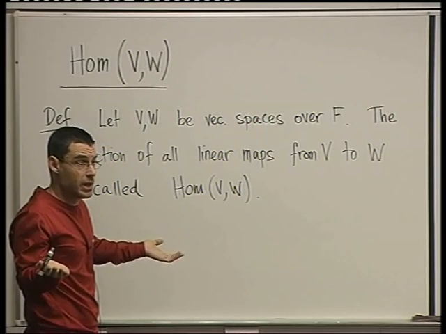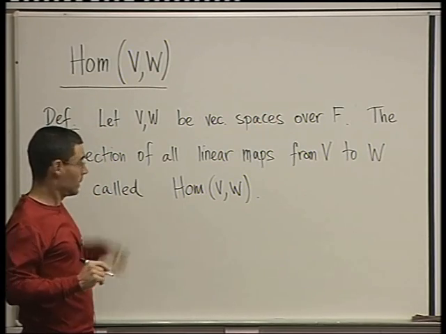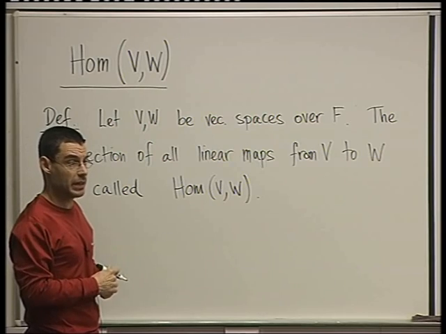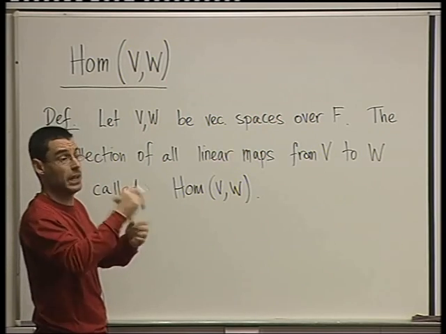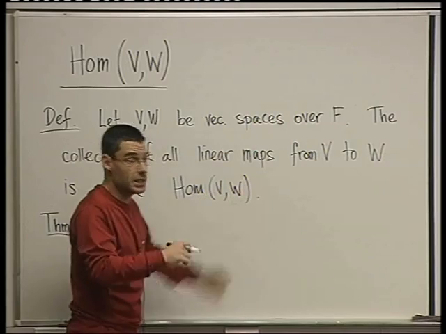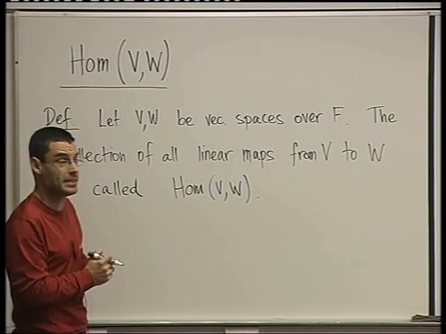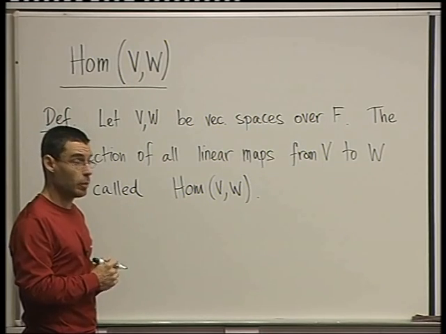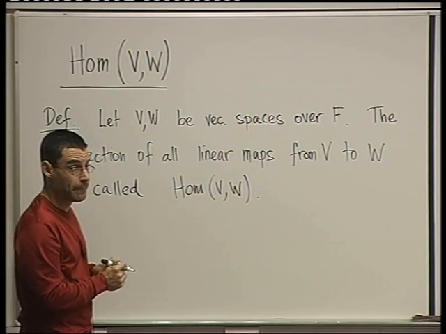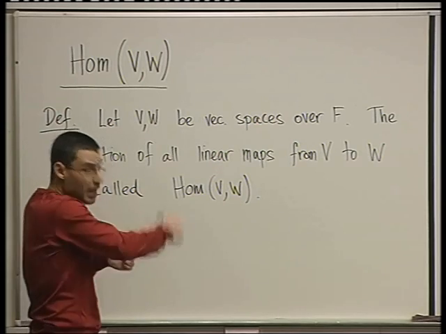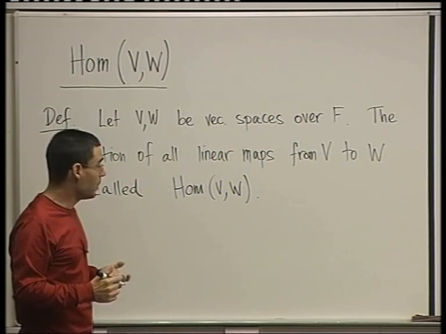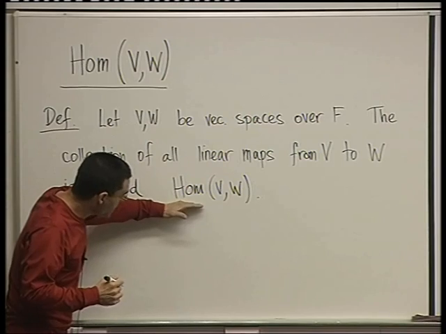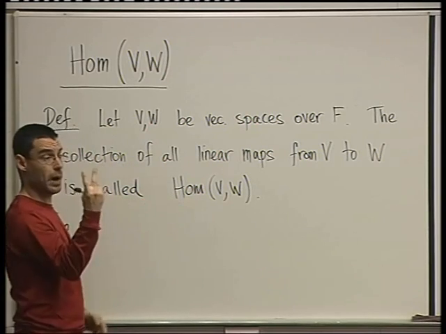The answer is yes. We can add linear transformations. We know how to add: what is T plus S on an element v? It's T(v) plus S(v). We defined it. We also know how to multiply a linear map by a scalar. What is 8 times a linear map? Just take 8 times what the linear map does. So this space has at least two operations.